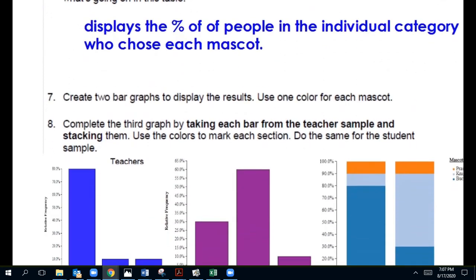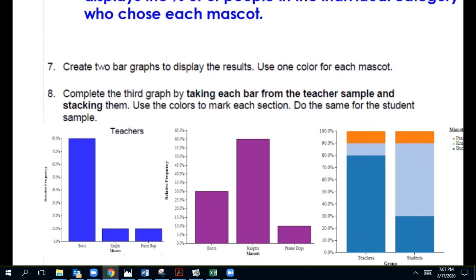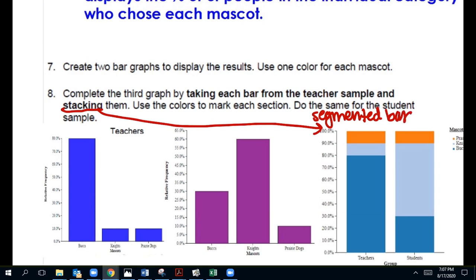Number 7, you should have been able to create these 2 bar graphs, pretty simple. And then on number 8, it said to stack them, taking each bar and stacking them. We call that, I'm going to draw a little arrow over here, a segmented bar graph. And you might have already adjusted your number 8 graph for the last question on here, but this is just going to stick with what the answer was when you originally did it.